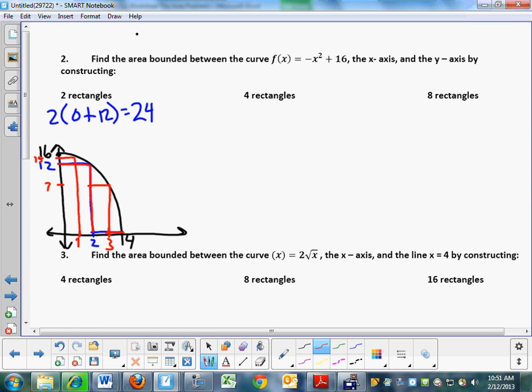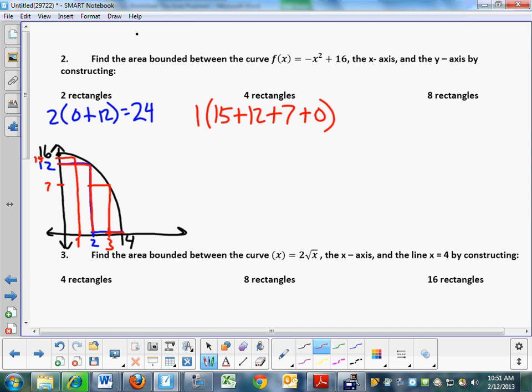So you can see all of my heights. So if you want to be able to find the approximated area by 4 rectangles, you'll take the width. What is the width? 1, and multiply it by the sum of the heights, which is 15 plus 12 plus 7 plus 0.